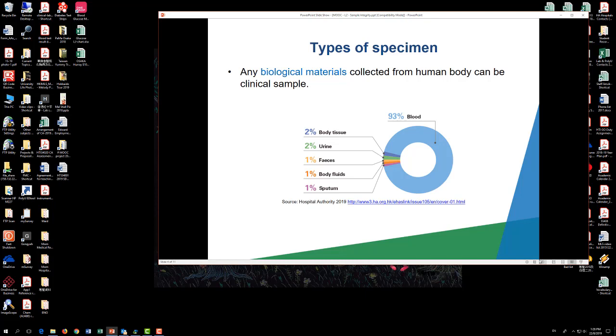Actually, all the biological materials that come from your body can be tested. But the most common clinical sample is blood.